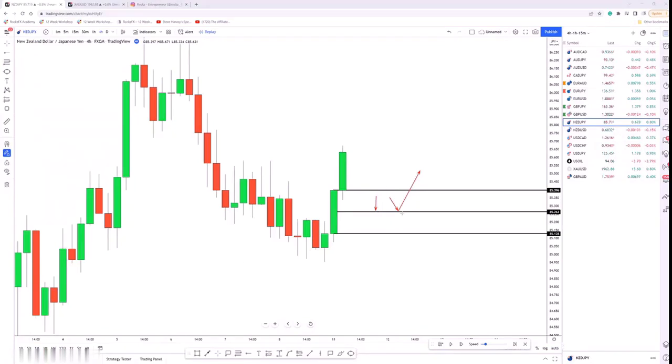Break and retest. No, it would just be a retest of previous structure. Yes, okay. If price doesn't pull back to this level here and this starts to form, what is this called? Higher low. Correct. If you don't get a trade in this region and price starts to break above, what is this called?